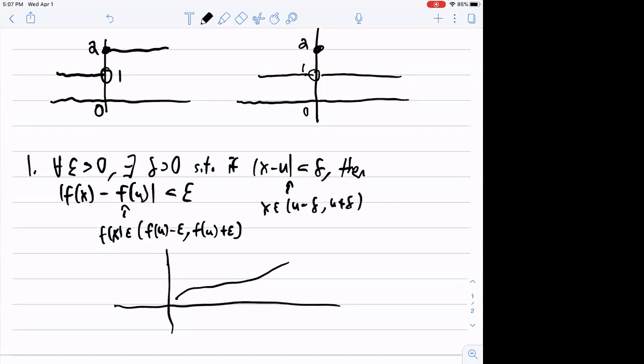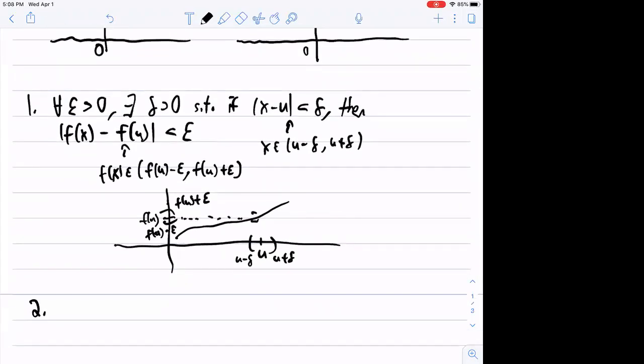If this is u and I take a small delta ball, u minus delta to u plus delta, all values should lie in some y interval, some epsilon ball around f of u. That's what we mean by close.